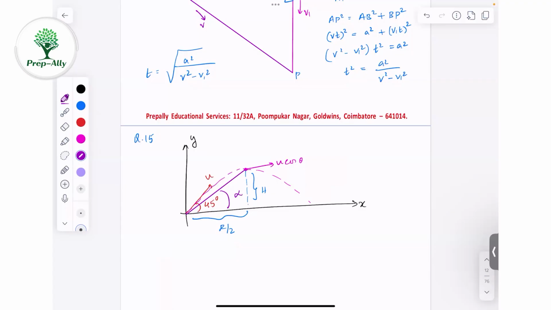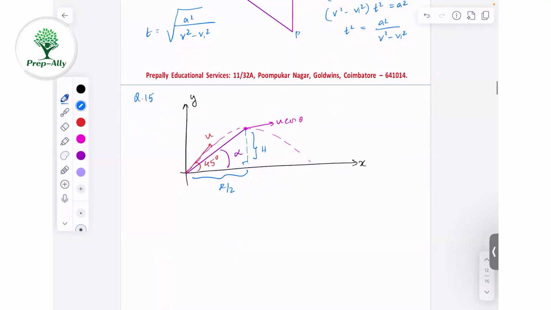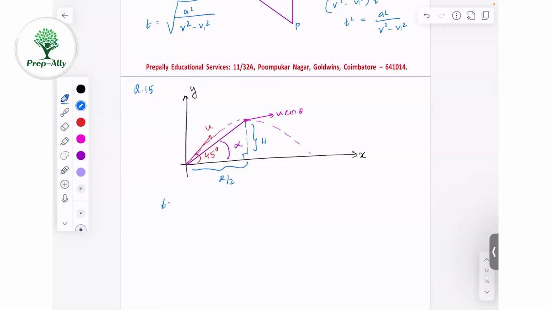This is the angle of elevation from the point of projection to the maximum height of the projectile. So in this right angle triangle, clearly this is a right angle triangle, we observe that tan alpha is height by R by 2. We can write that as 2h by R.